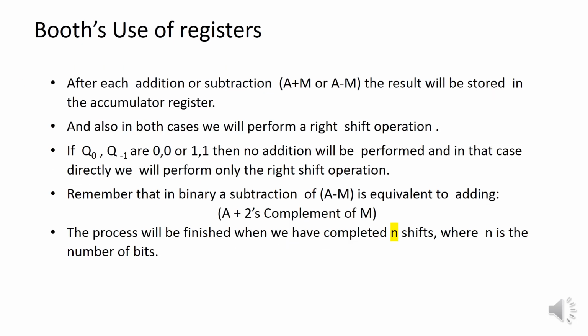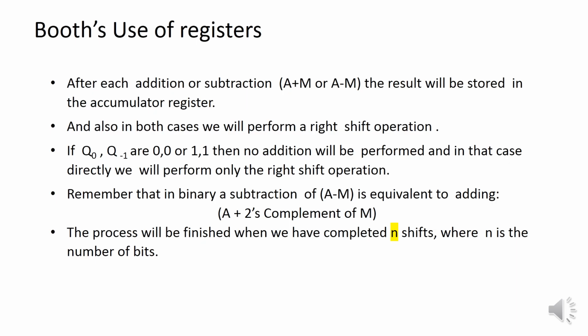Note that after each addition or subtraction, the result will be stored in the accumulator register. Note also that afterwards, in both cases, we will perform a right shift operation. If Q0 and Q-1 are 0, 0 or 1, 1, then no addition or subtraction will be performed.